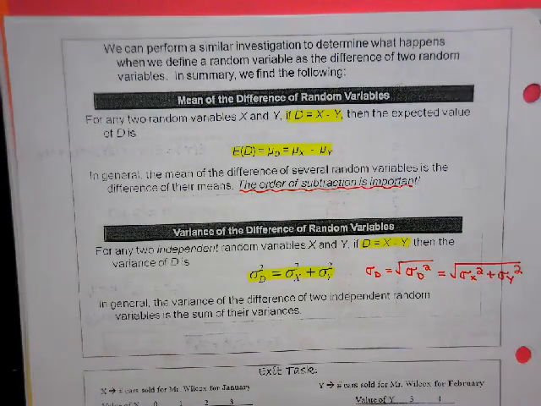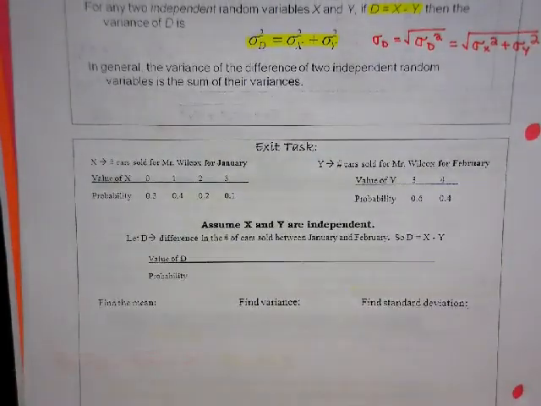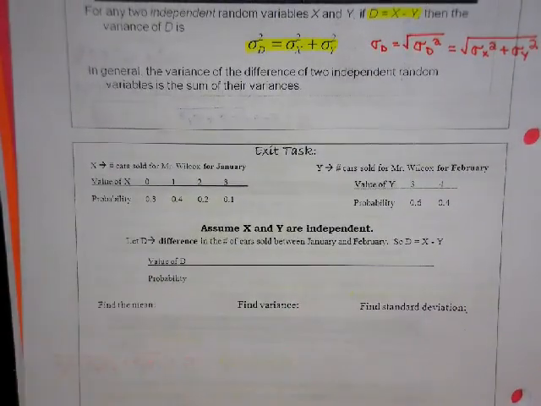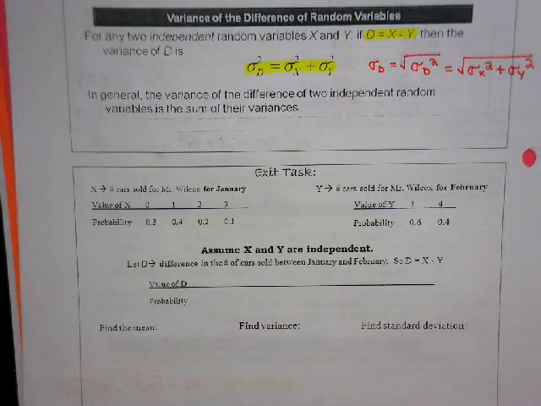All right, so on the left, we have the random variable X defined as the number of cars sold by Mr. Wilcox in January. He could have sold 0, 1, 2, or 3 cars. Probability of selling 0 cars, 0.3, 0.4 for 1 car, 0.2 for 2, and 0.1 for 3 cars.